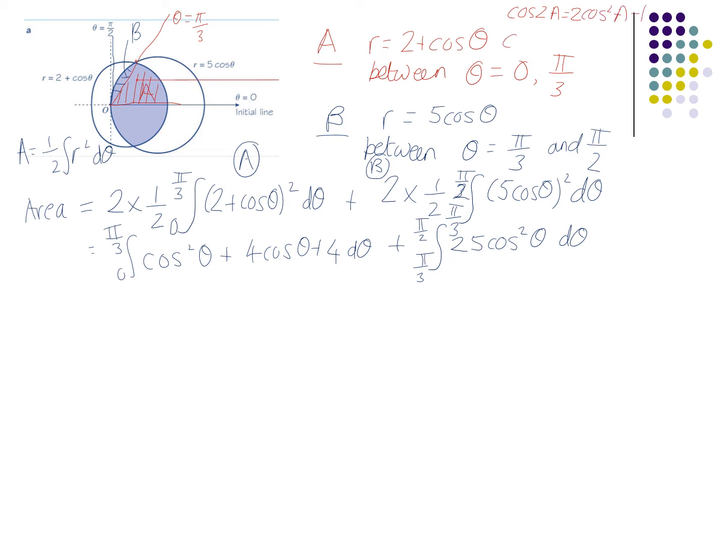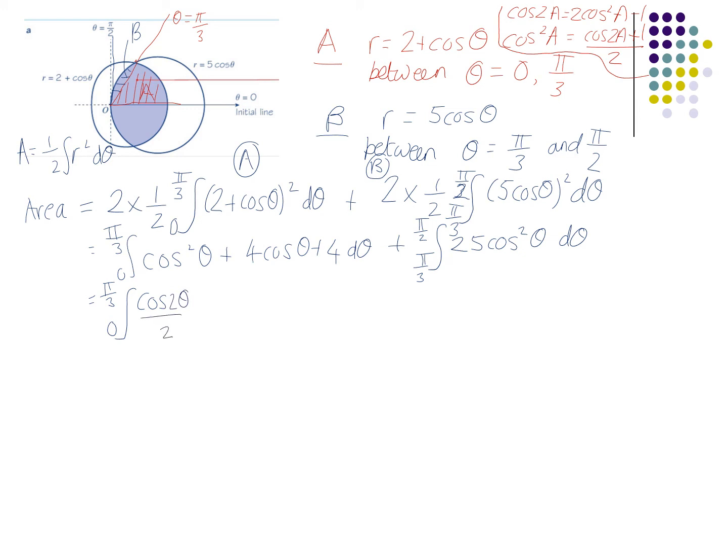So when I rearrange it, I get cos squared a equals cos 2a plus 1 over 2. So that is my double angle formula that I'm going to use. Let's pop that in here. I've not integrated yet, so I'm just going to pop in for the cos squared theta, cos 2 theta over 2.